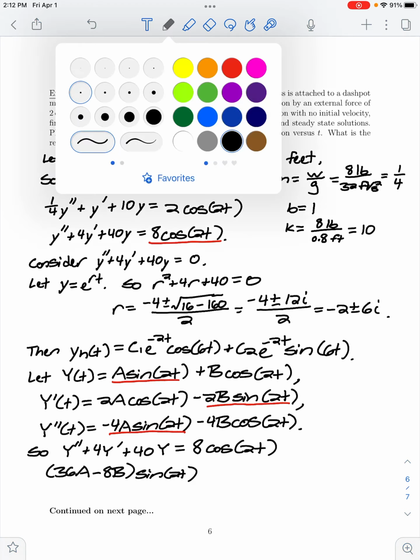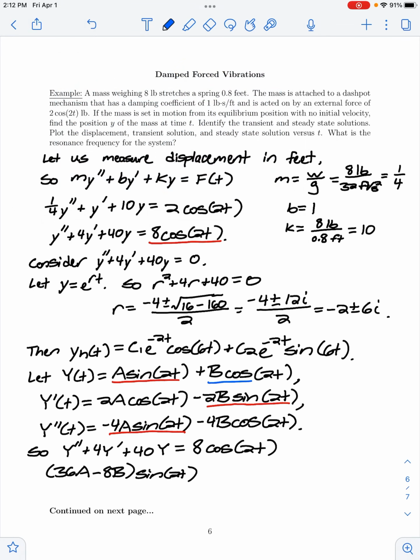And then grouping my cosine of 2t terms, when I add my y double prime plus 40 times y, I have a 36b times cosine of 2t. And then from the 4y prime term, I have 8a times cosine of 2t.